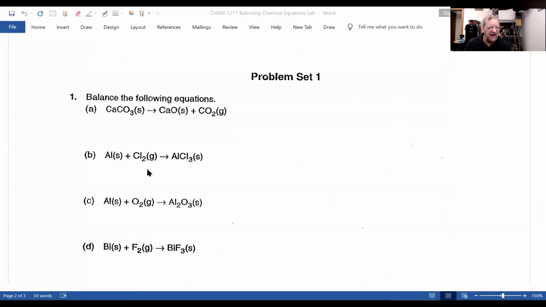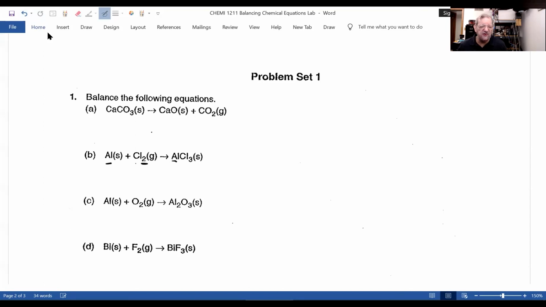Let's look at B. I'm going to do this one. So that means every one of you better get it right on the lab. So I'm doing it for you. Now, 1 aluminum, 1 aluminum. That's good. 2 chlorine, 3 chlorine. Oh, that's not going to work. That's not balanced. So what do we do?